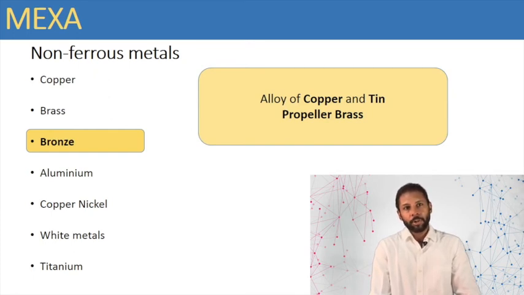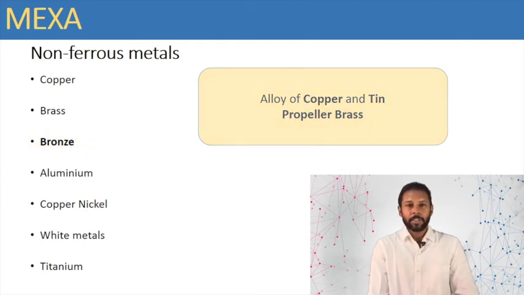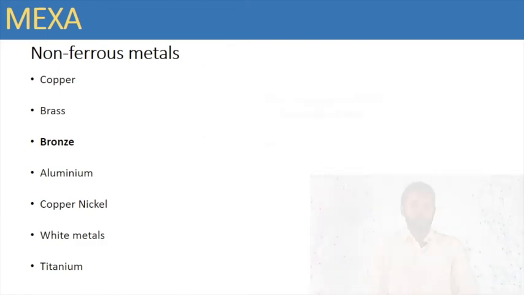With the addition of other alloying elements, its range of use becomes extensive. Manganese in small amounts increases erosive resistance, forming manganese bronze. Propeller brass is the most widely used term in marine usage, which itself tells the significance of its usage.